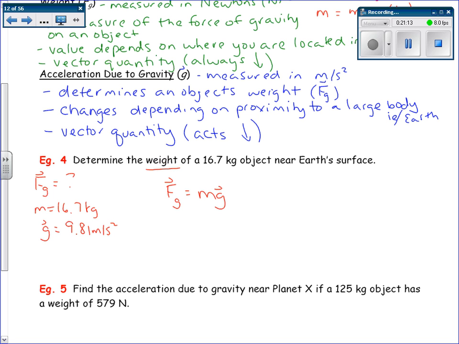Now I've been rearranging that, right? This is g equal to Fg over m. To get Fg by itself, I'm basically just cross multiplying the mass and the acceleration due to gravity. So 16.7 kilograms times 9.81 meters per second squared, and that equals 164 newtons down.